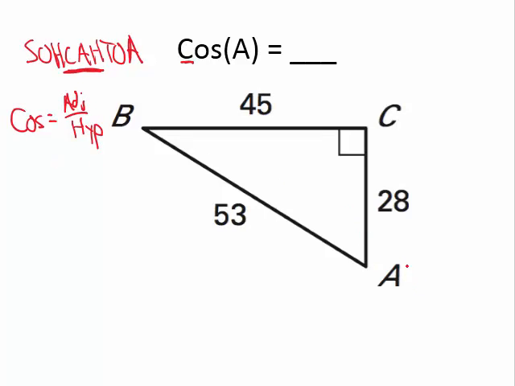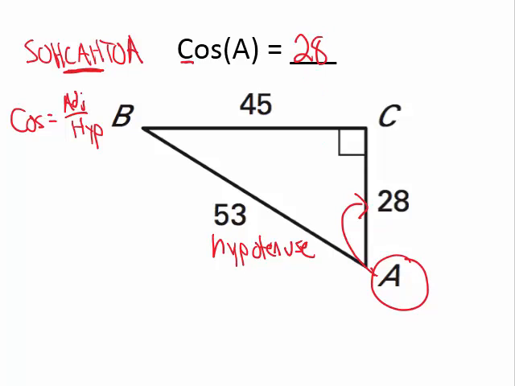So we look at the angle A. We're looking for the side that's adjacent to A. Now notice it cannot be the 53 because the 53 is the hypotenuse. So the cosine of angle A, we find the side that is adjacent to A. That means it's the 28 because it's next to the A. So we go 28 over the hypotenuse. Now our hypotenuse is 53 because it's across from our right angle. So 28 over 53.